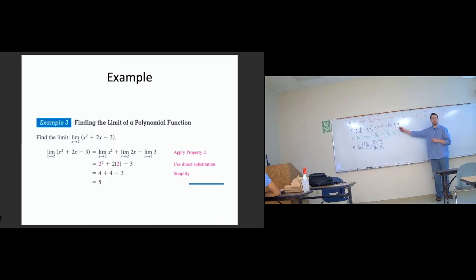So this says we can think of x squared, 2x, and 3 as their own unique functions. And because of that, we can break up our polynomial into each of the 3 terms and distribute the limit onto each term. When we do that, we're just going to apply the limit to x squared.